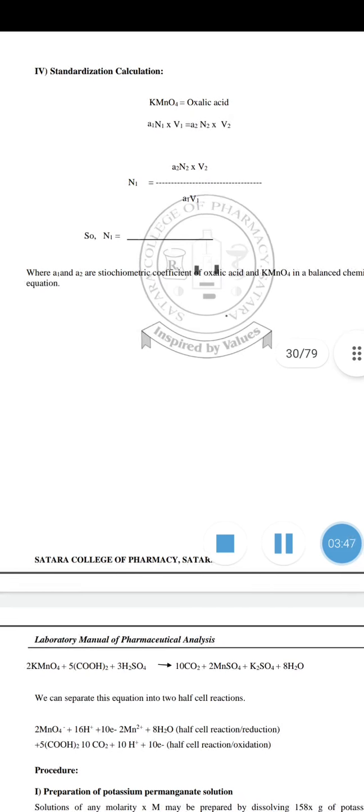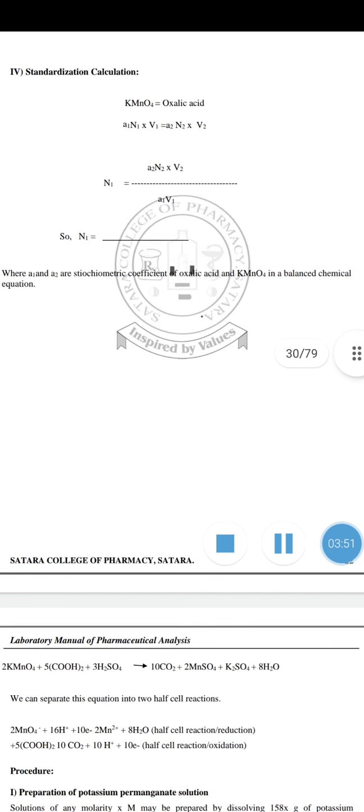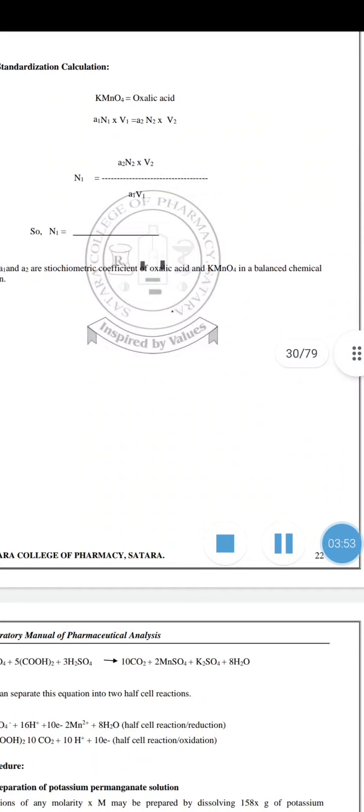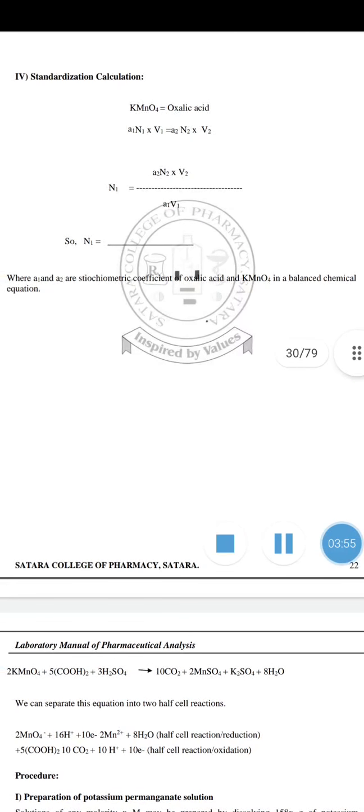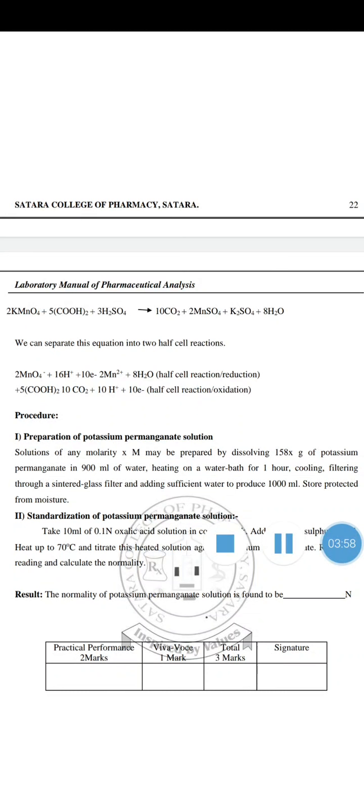A1 and A2 are stoichiometric coefficients of oxalic acid and potassium permanganate in a balanced chemical equation. After completion of the calculation of the standardization, the result of this calculation is put into the result.